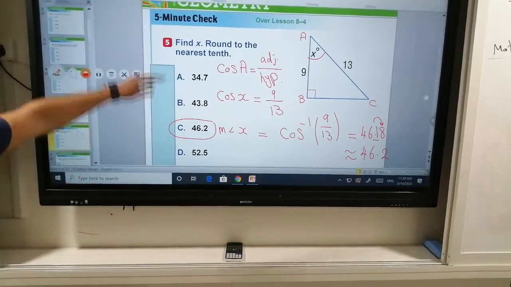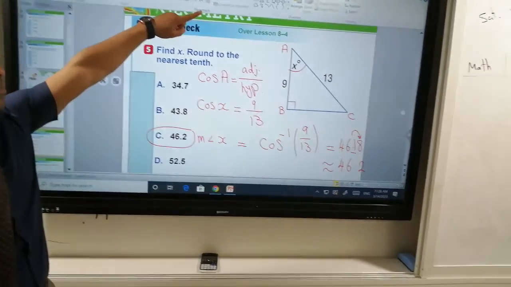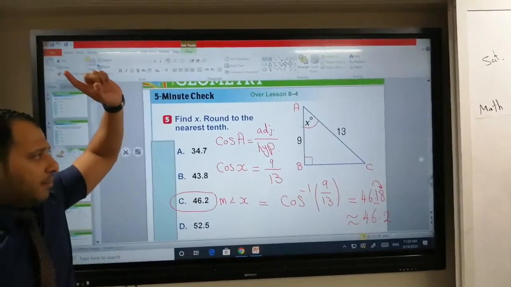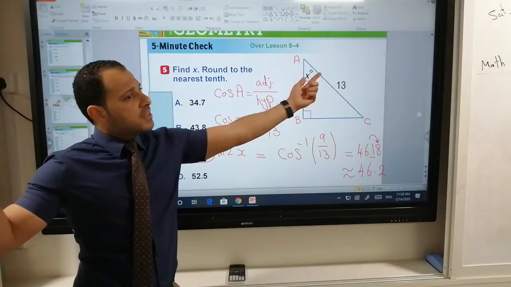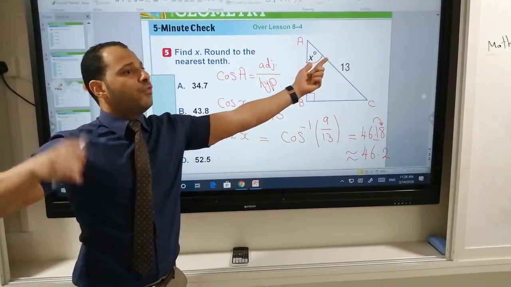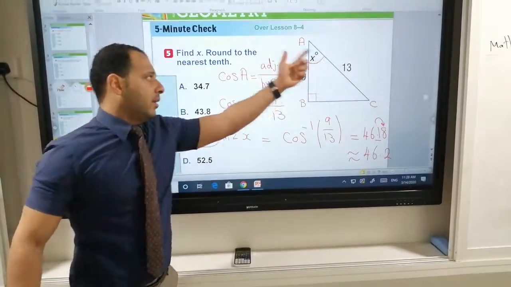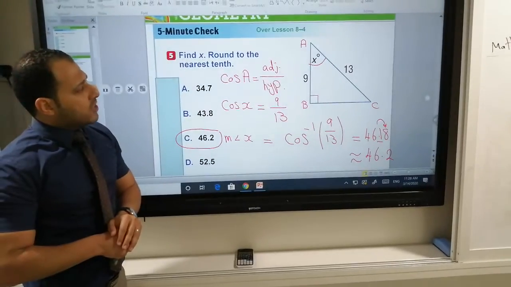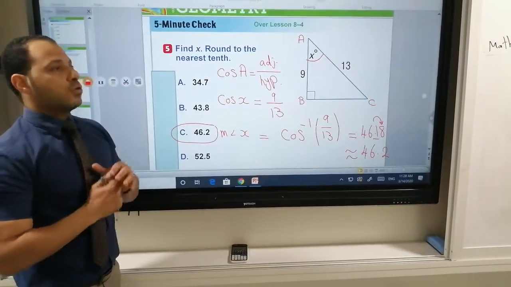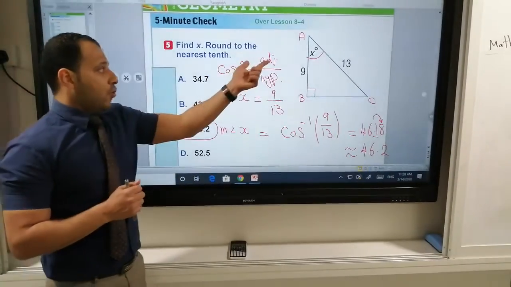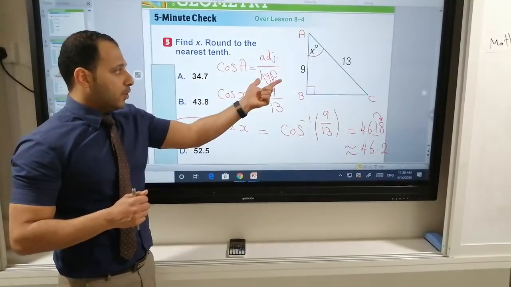Excellent. So again, can you describe the problem with me? I need to find what? X. X represents an angle, so I need to find the measure of the angle. To find the measure of angle x, we must use one of the trig ratios, which is cosine, adjacent over hypotenuse.